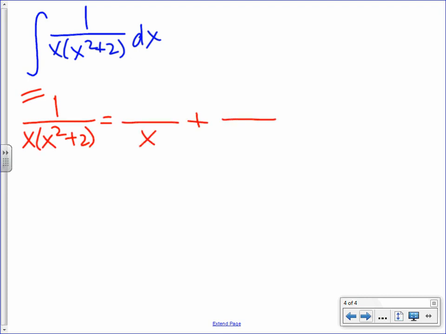One has a denominator x, the other x squared plus 2. What goes above x? A constant, a. And above our quadratic factor, Bx plus C.